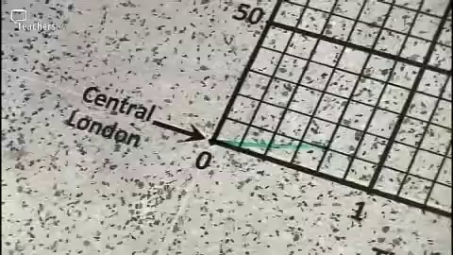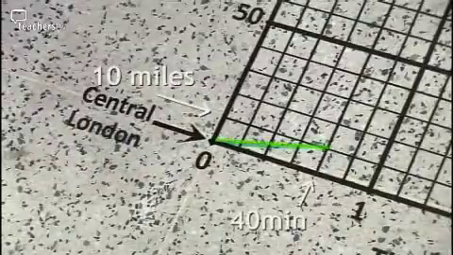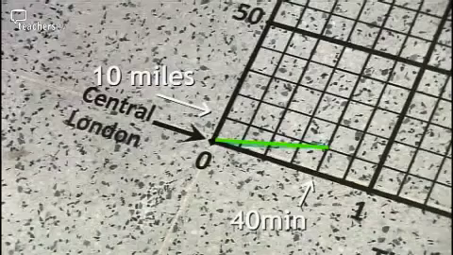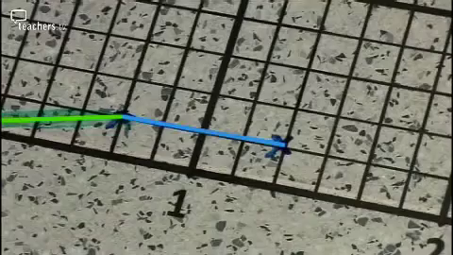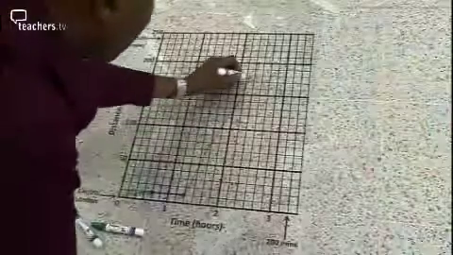This part here is the 40 minutes we travelled to the airport, just 10 miles. Next is the check-in, and it takes us 40 minutes to go no distance at all. Next is the 17-minute flight, and this takes us up to this point here.